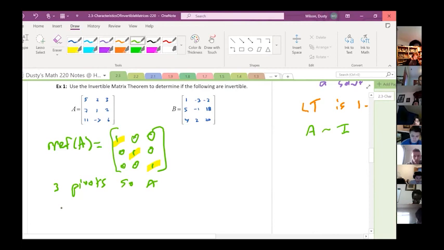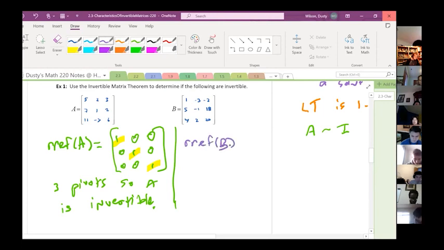It is invertible. So A is invertible. So maybe we could take our B and we could row reduce. And when you row reduce, you end up with something like, sorry, let me change my notation here.